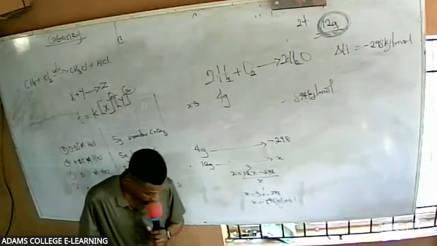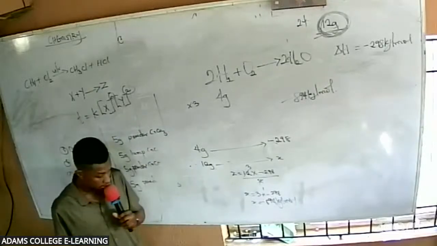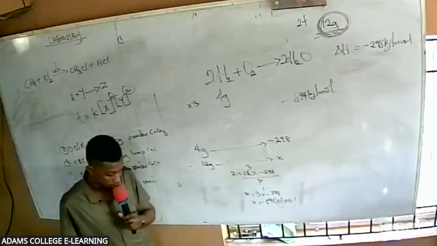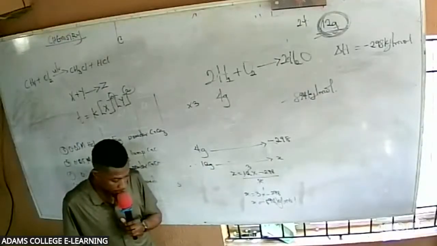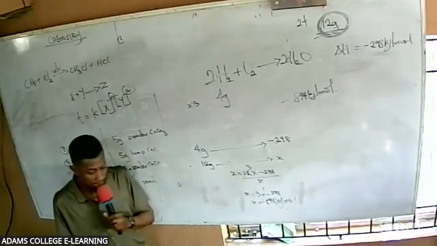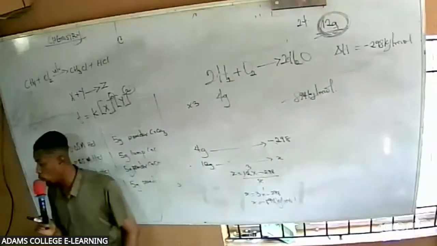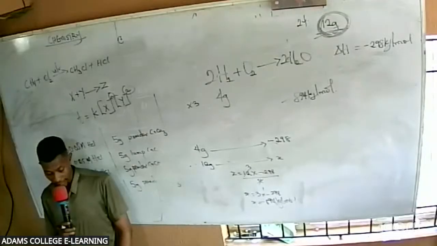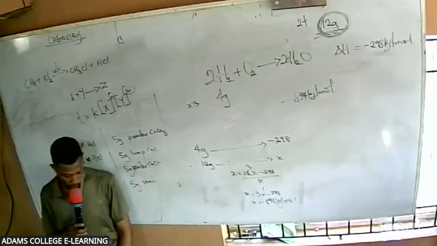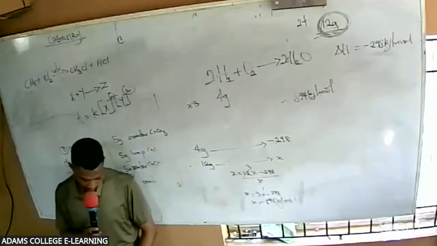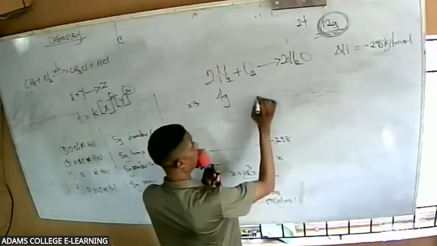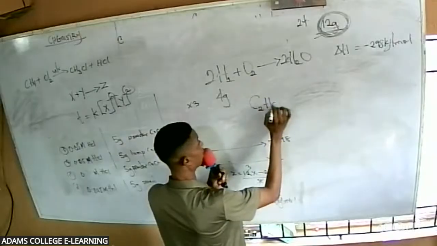Calculate the amount of energy released by 0.1 mole of ethanol. Then this is the equation. Ethanol is C2H5OH.